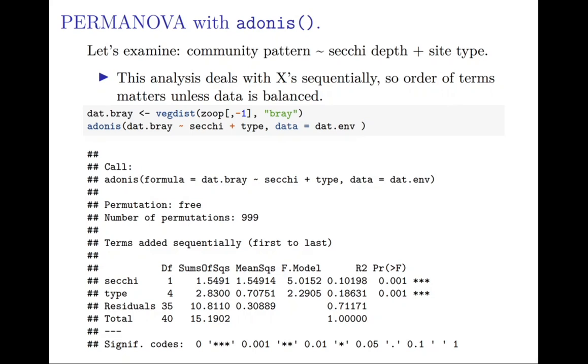So we're going to create our Bray-Curtis distance matrix, and then we're going to run that with an adonis as a function of our two x variables, Secchi depth and type. And again, specify our data. And here we see that both Secchi depth and type of lake have significant effects on the community of zooplankton.